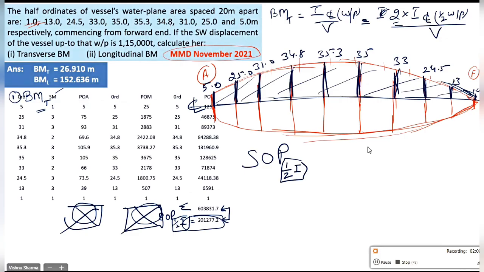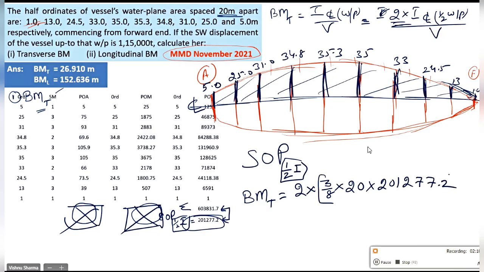Now, guys, we are good to get BMT. BMT will be equal to twice, because we are talking of ICL of half water plane area. We have used rule 2. Coefficient for rule 2 is 3/8. Common interval is given in the question as 20 meters. SOP inertia of the half area is 201277.2.